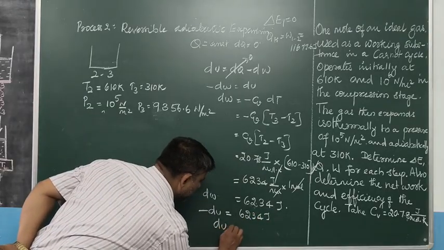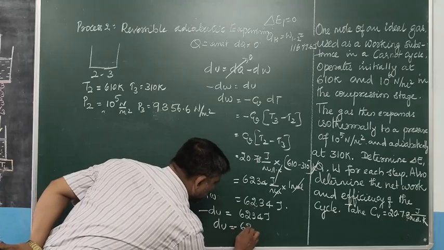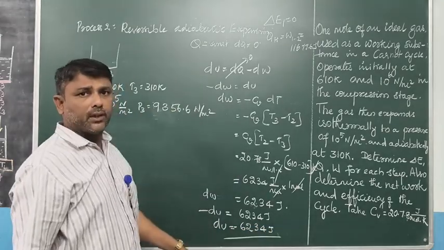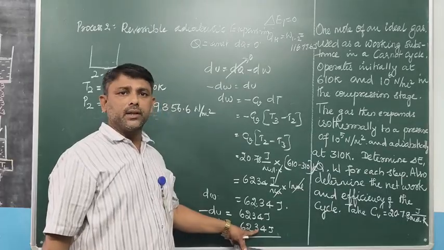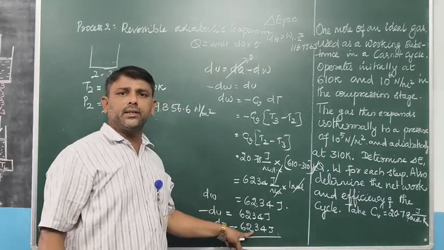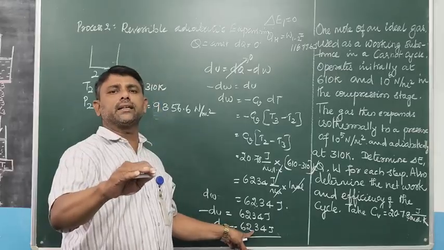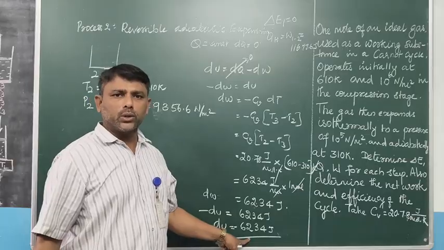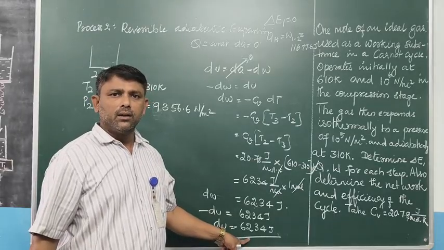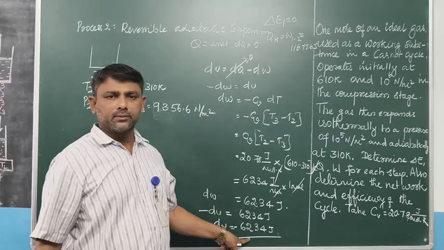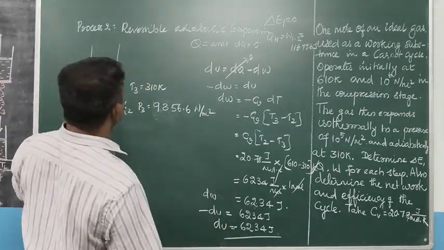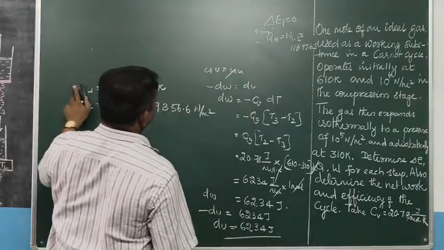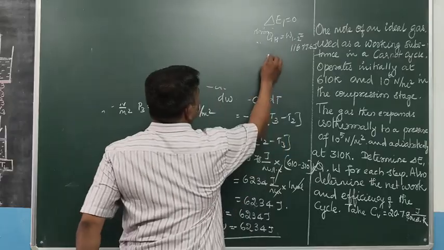R changes in internal energy is equal to minus 6,234 joules. This means for adiabatic expansion, this much amount of energy is utilized from the internal energy of the system. Clear?